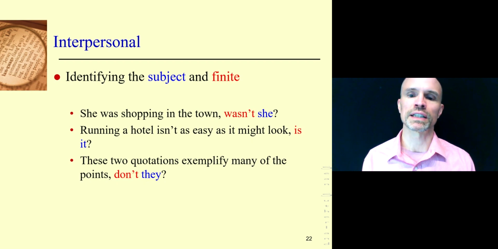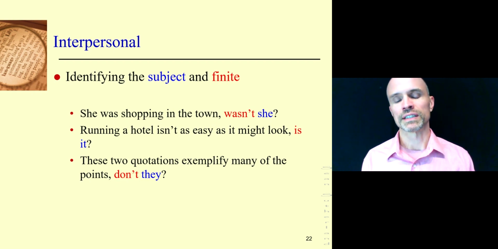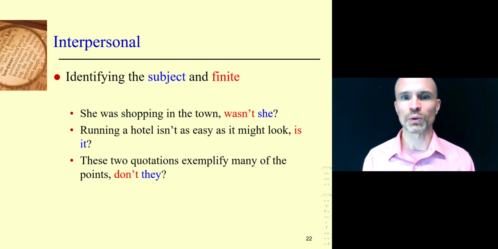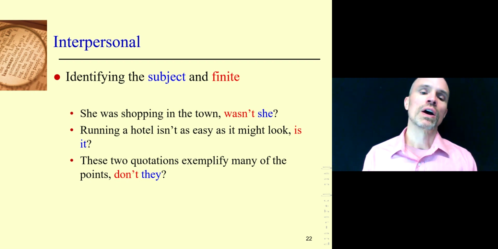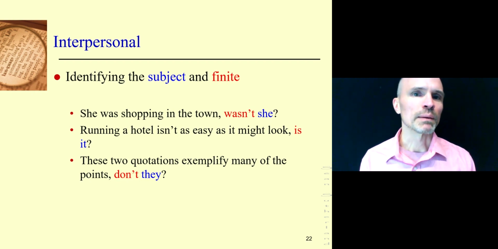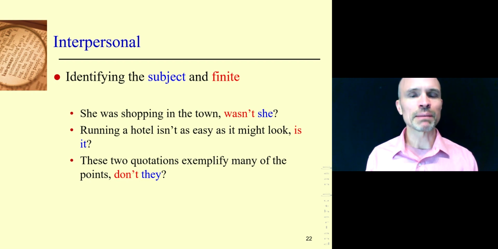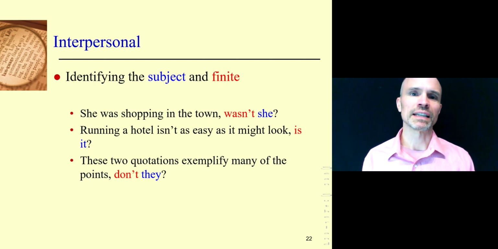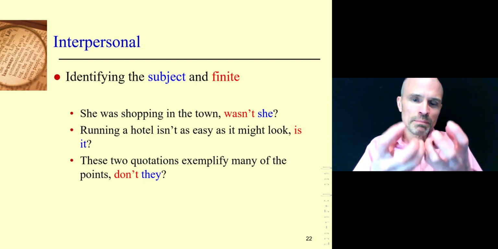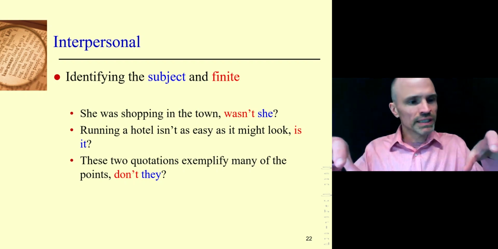"These two quotations exemplify many of the points. Don't they?" They, you can see, refers to these two quotations. So the subject is these two quotations. Don't comes from you realizing that exemplify can be unpacked as do exemplify.